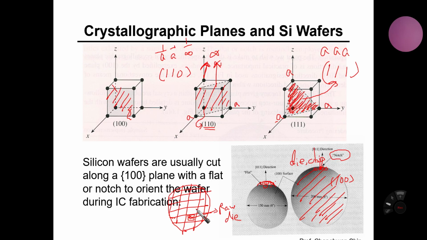For the past few decades, the silicon wafer size went from 4 inch to 6 inch to 8 inch, and currently 12-inch diameter. 12 inch corresponds to 300 millimeter or 30 centimeter diameter.